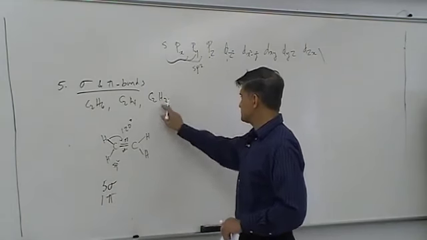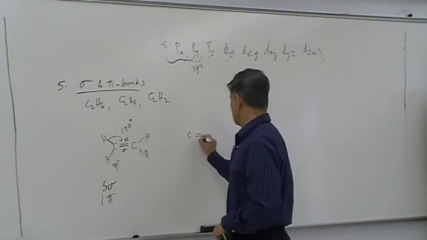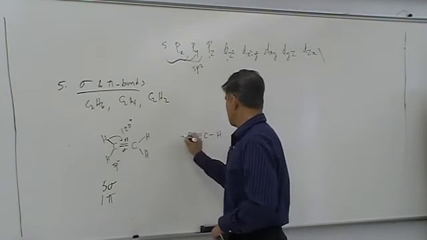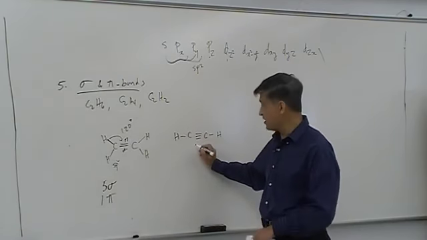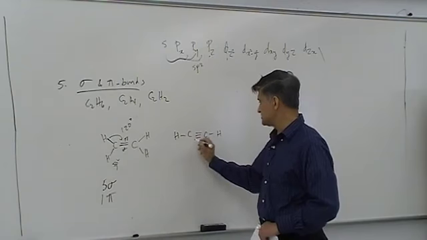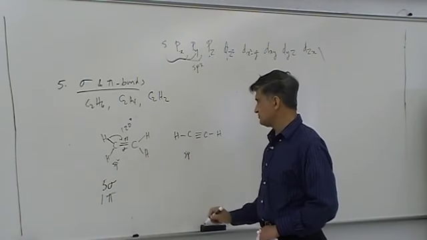Let's quickly write down C2H2, which would have a triple bond, and carbon has 4 bonds. Again, the 3 bonds are counted as 1 bond and 1 pair, so that's 2 pairs. sp is the hybridization.